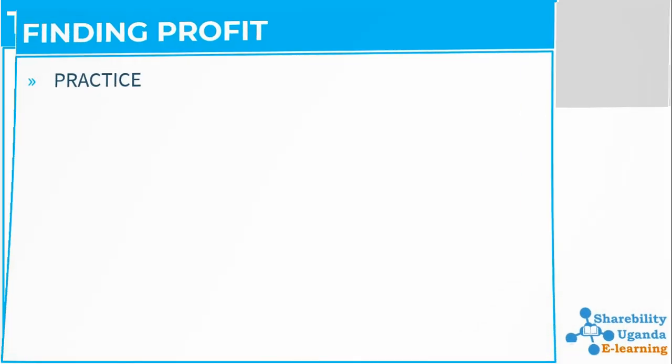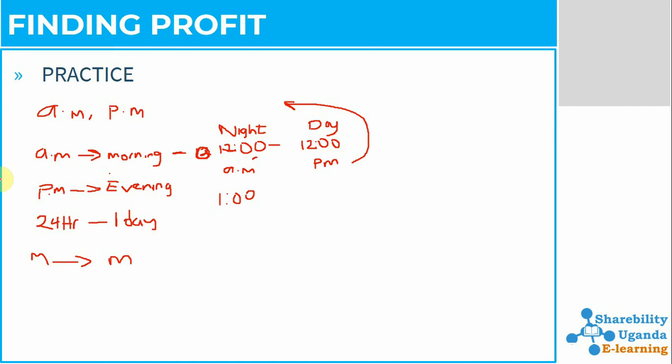Okay, so to make a recap of this, when we are talking about AM, we said AM means morning, and it starts from night, from midnight up to midday. PM means afternoon, evening and night.